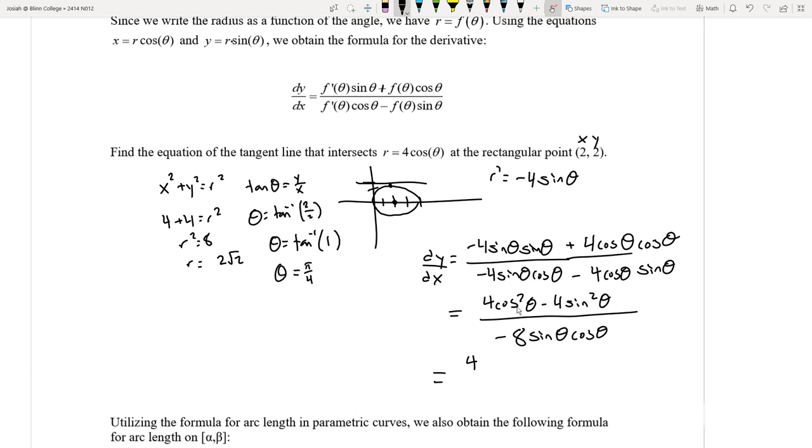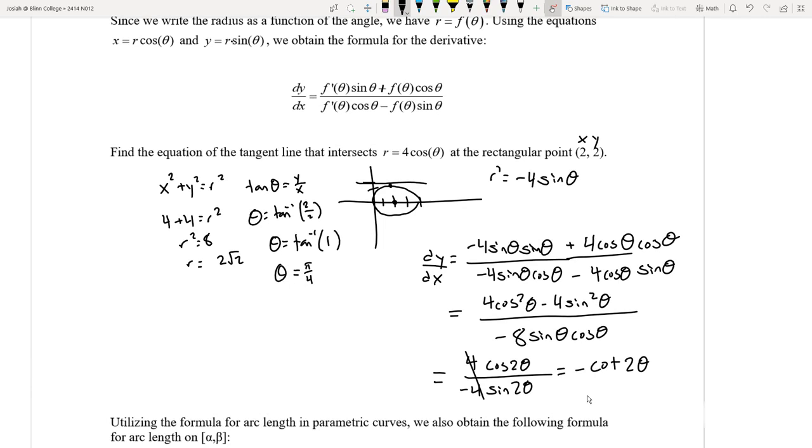We can factor out a 4. We've got cosine squared of theta minus sine squared of theta. That's cosine of 2 theta. Over, we borrow a 2 from this, and now we have the double angle for sine. And by reducing here and writing an equivalence, we have negative cotangent of 2 theta.